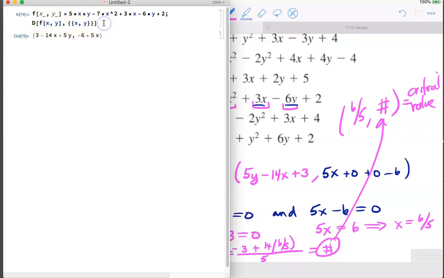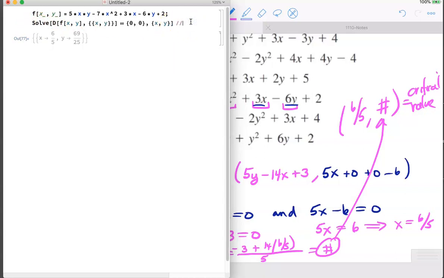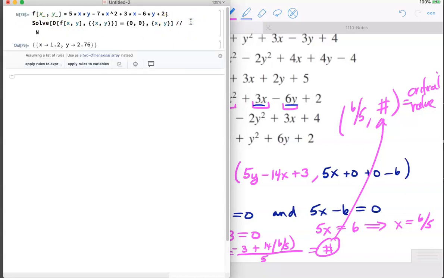You can then set that equal to 0, 0, and I think we can solve this system of equations for x and y. Let's see if this works. 6/5 for x, 69 over 25 for y. If we turn those to a decimal, we'll get 1.2 and 2.76. Okay, so there's your critical value.